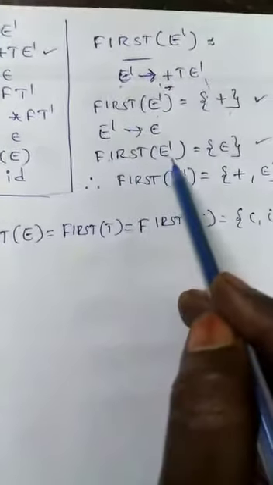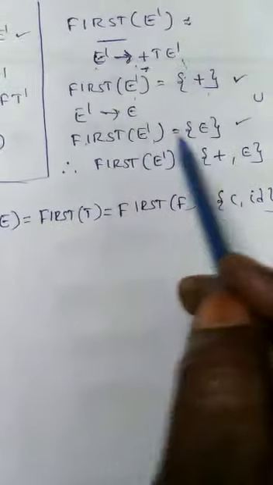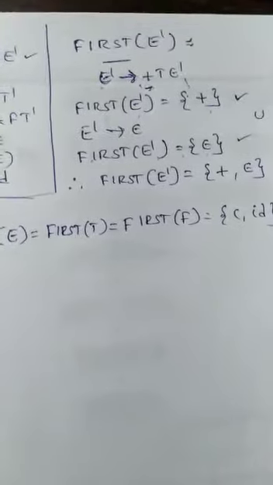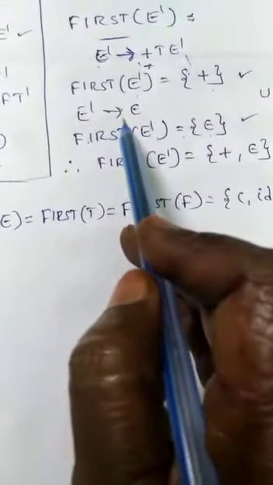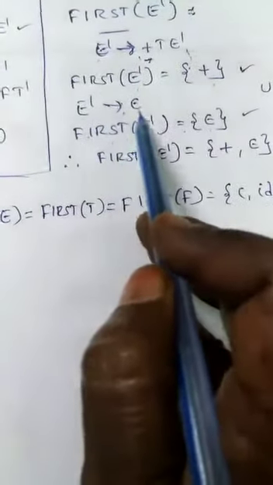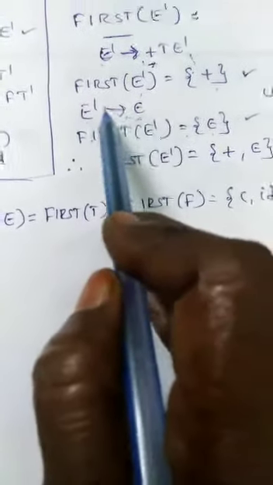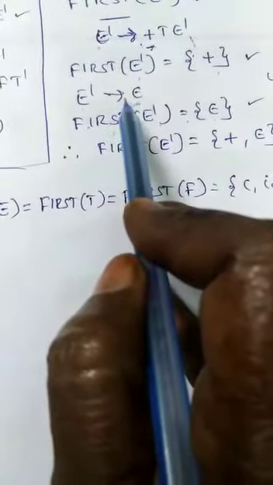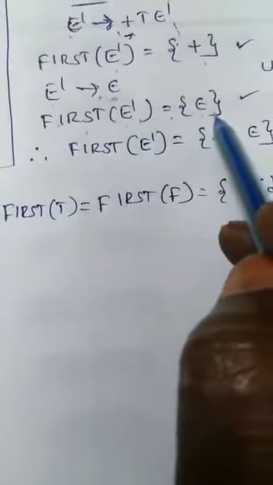So first of E dash equal to, as already in the first function, the first of empty is equal to empty, or the first character of any production is the first value. So first of E dash reaches empty. This is the only character that appeared in front of the arrow mark. So first of E dash is equal to empty.